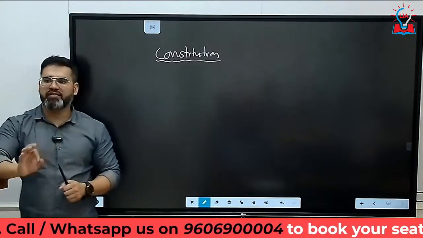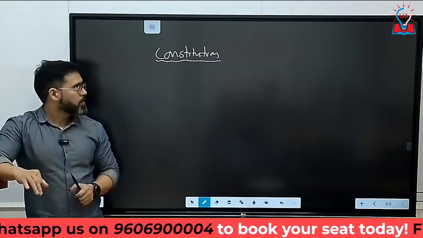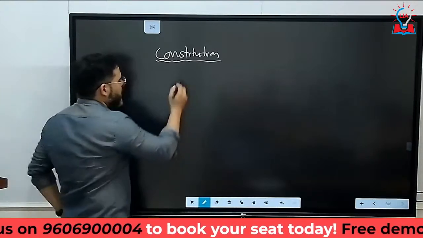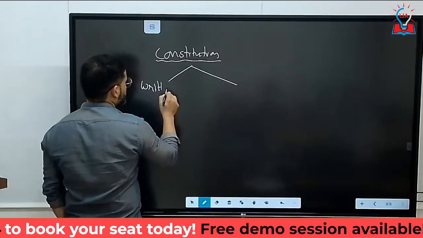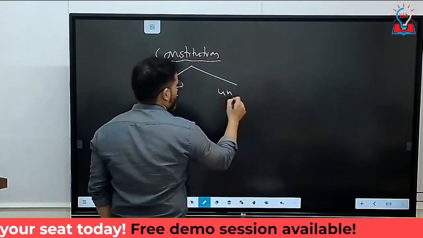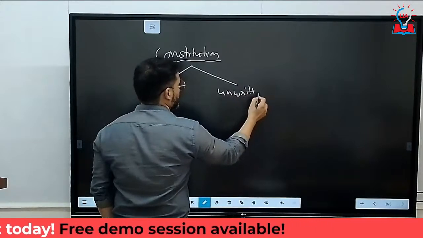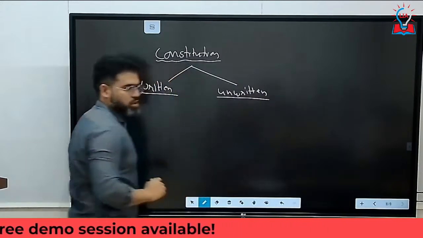The people are getting rights from the constitution only. Now one more thing we have covered: written constitution and unwritten constitution. 2 types of constitution are there, written and unwritten.